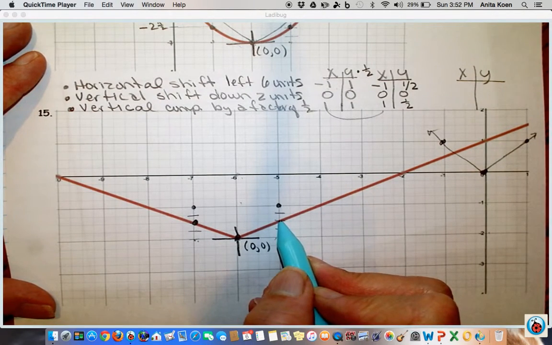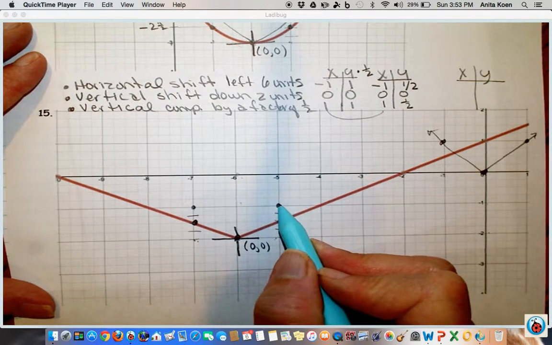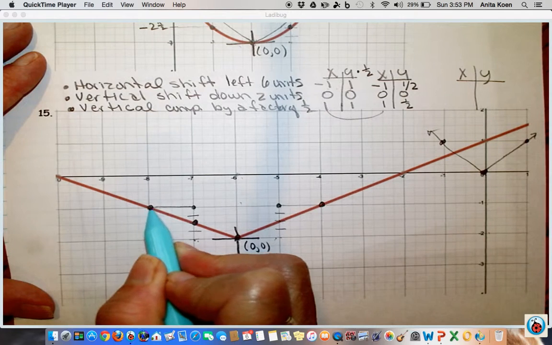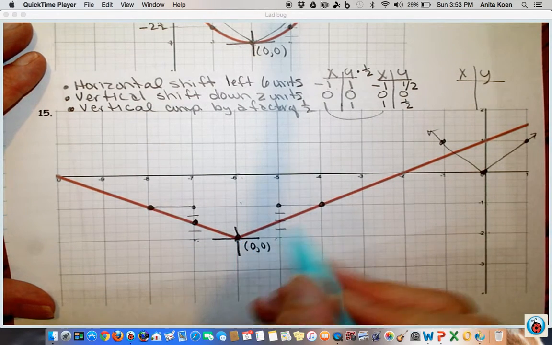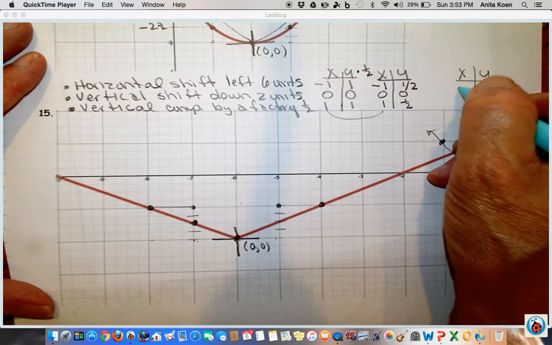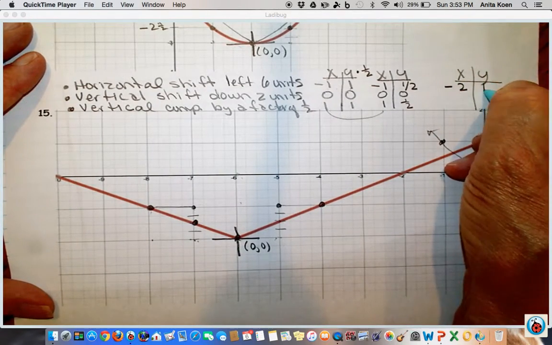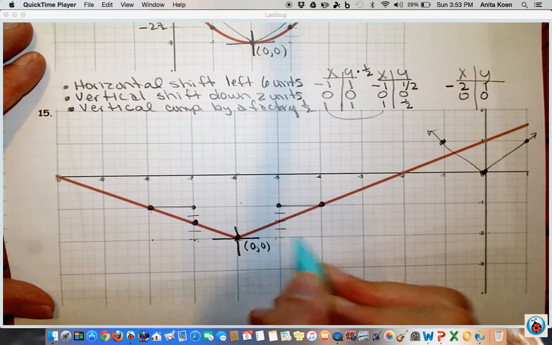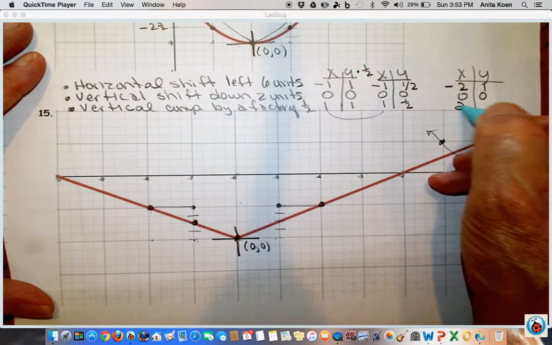If I wasn't positive that this was 1/2, then I could have gone right over here to this point and right over here to this point. And I could have said, what is that point? That's to the left 2 and up 1. So left 2 and up 1. 0, 0 is still on the graph. What is this point? It's right 2 and up 1.